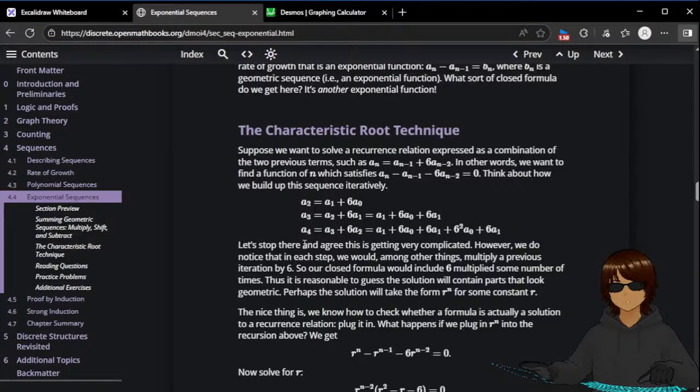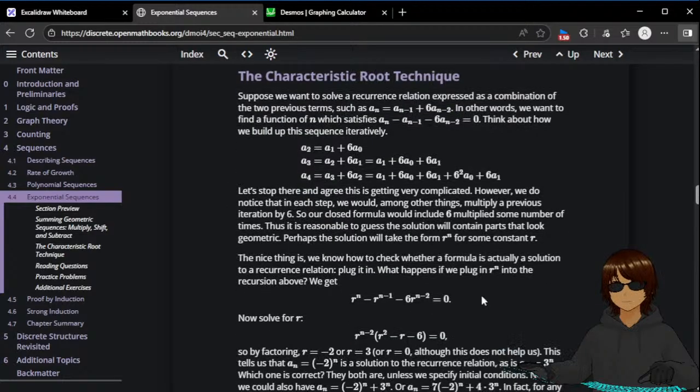Let's stop there and agree this is getting very complicated. However, we do notice that in each step we would, among other things, multiply a previous iteration by 6. So a closed formula would include 6 multiplied some number of times. Thus, it is reasonable to guess the solution will contain parts that look geometric. Perhaps the solution will take the form r to the power of n for some constant r.